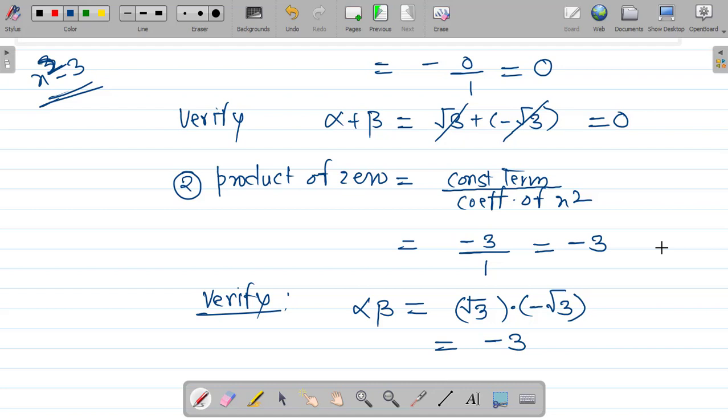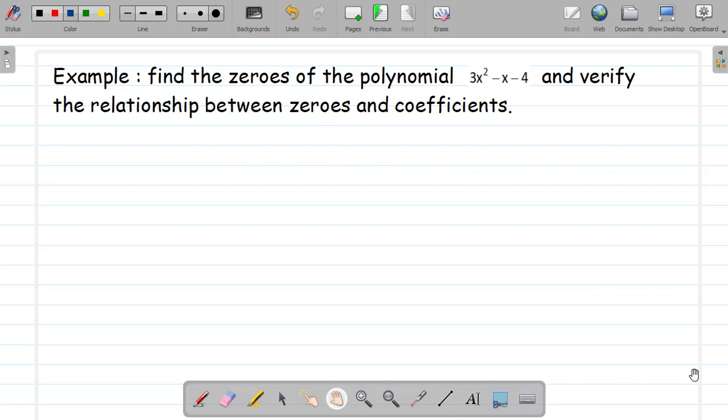So in the board examination you will find examples from the topic of verifying the relationship between zeros and coefficients of a quadratic polynomial. Now the next example is find the zeros of the polynomial 3x square minus x minus 4.